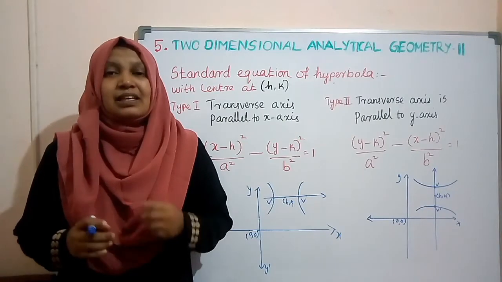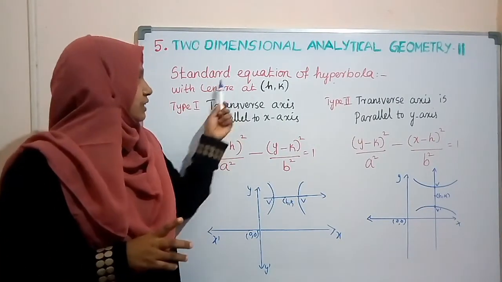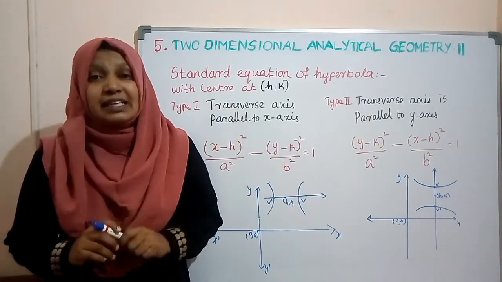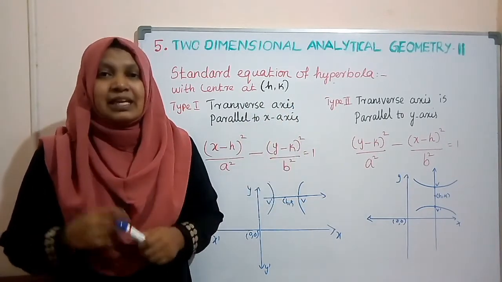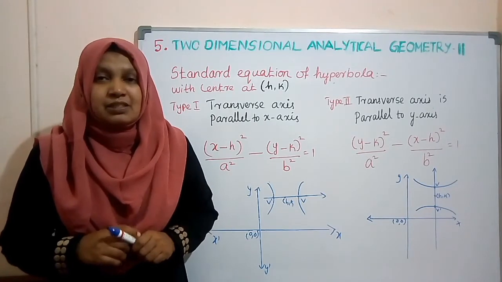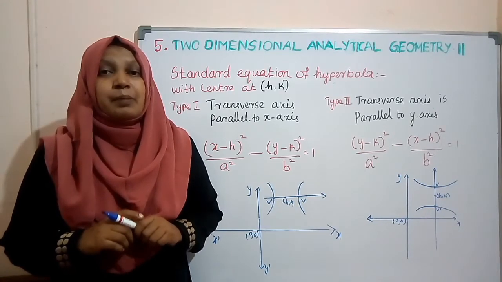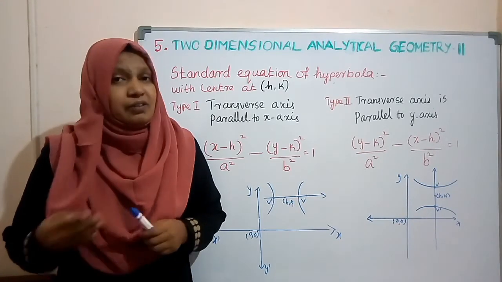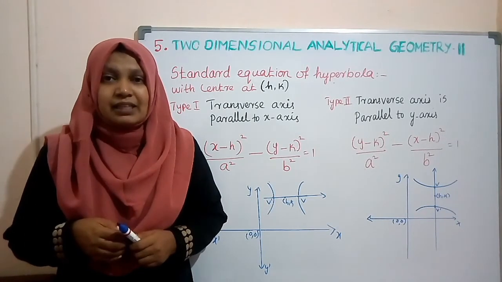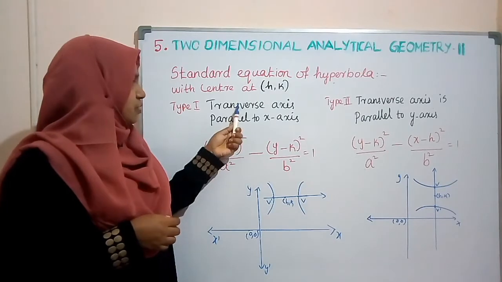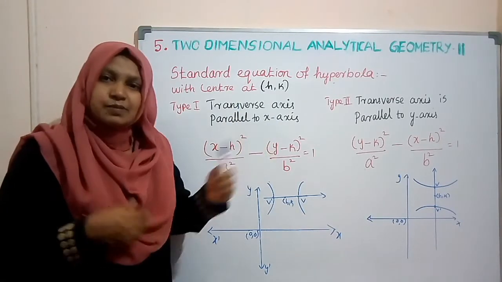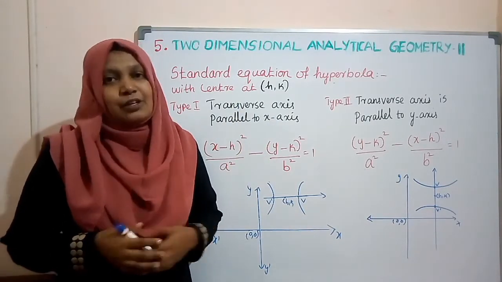The next one is the standard equation of hyperbola with center at (h, k). Again we can see both type 1 and type 2. Type 1 is where the transverse axis is parallel to the x-axis, or we can say its conjugate axis is parallel to the y-axis.